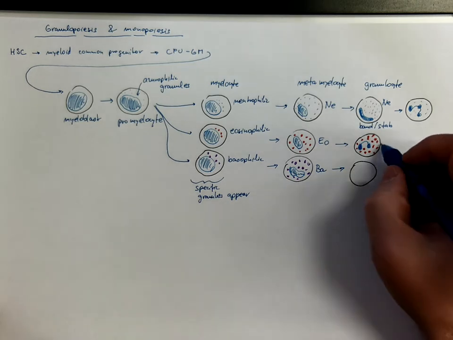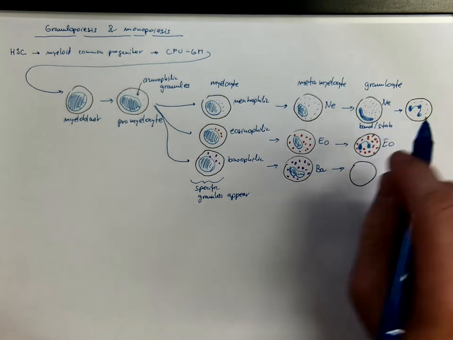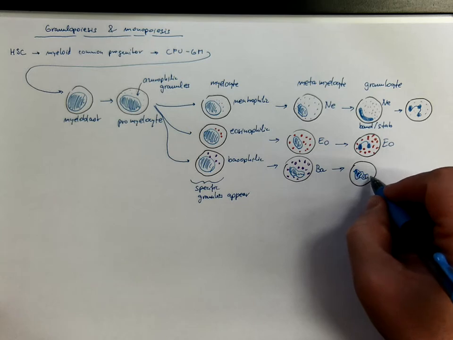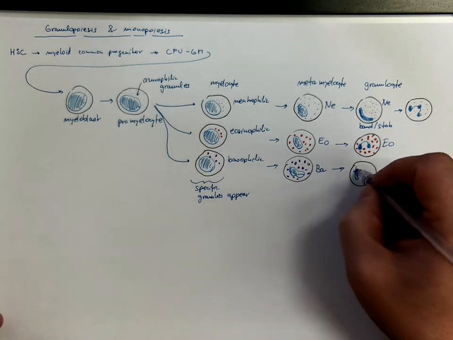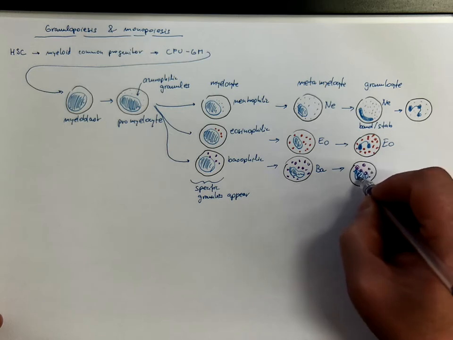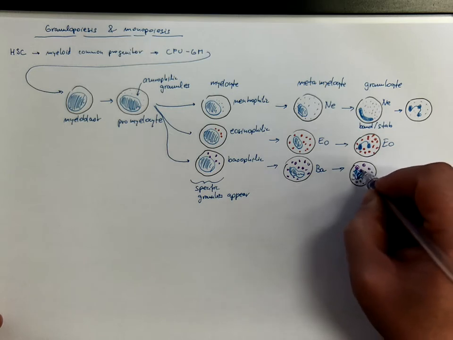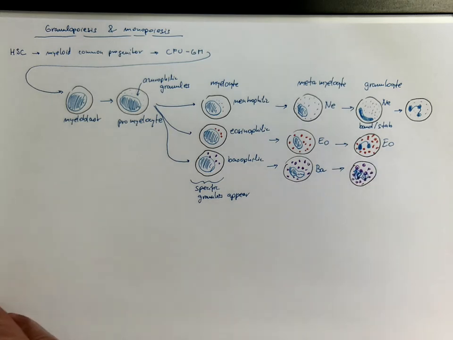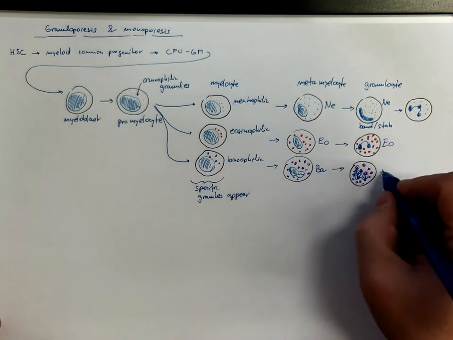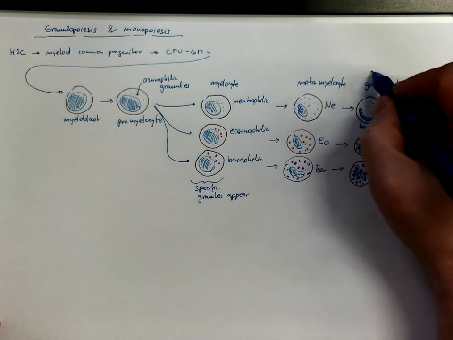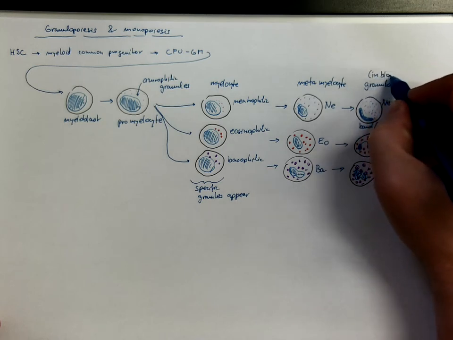So that would be the eosinophilic granulocyte, while the basophilic granulocyte has an irregular shape of nucleus that is hiding behind huge basophilic granules. So this is a basophilic granulocyte. The granulocytes already appear in peripheral blood.